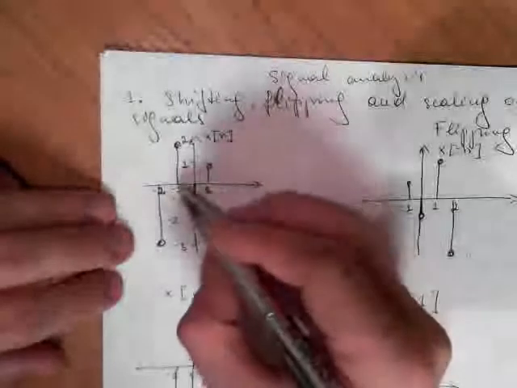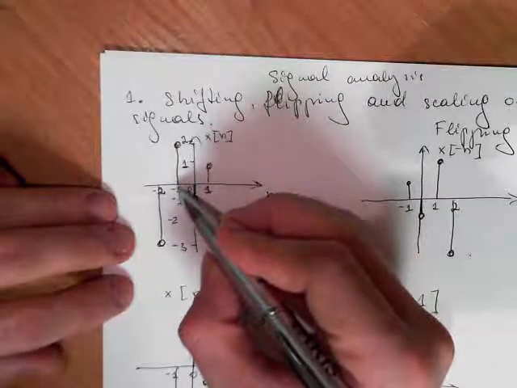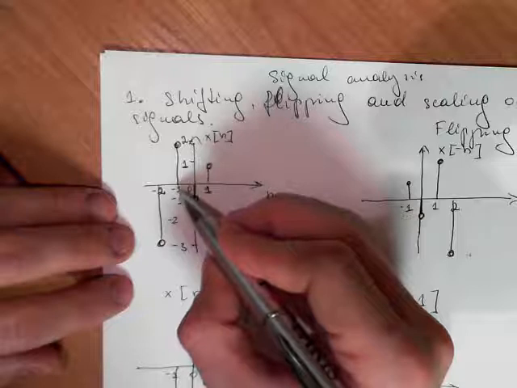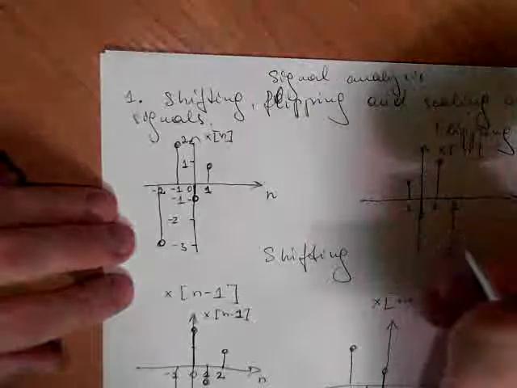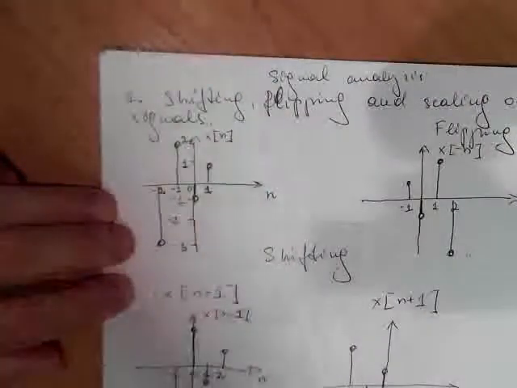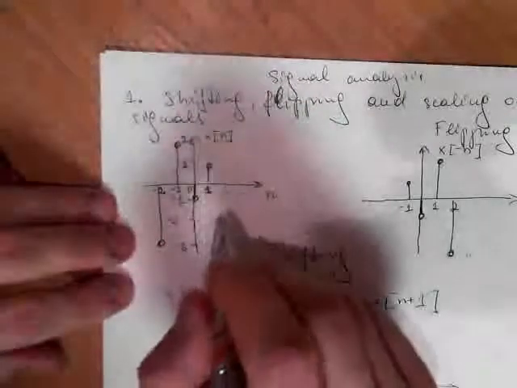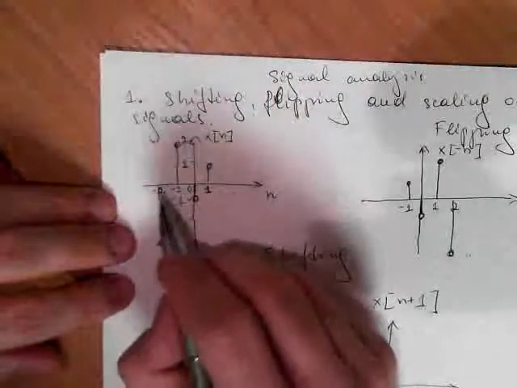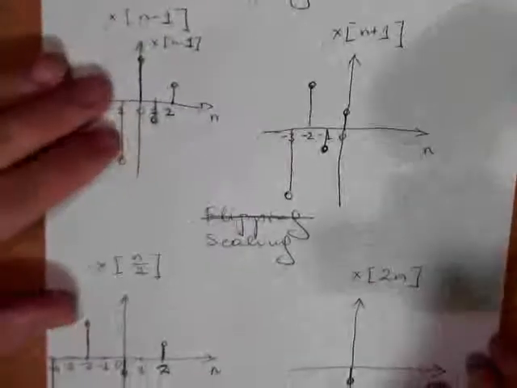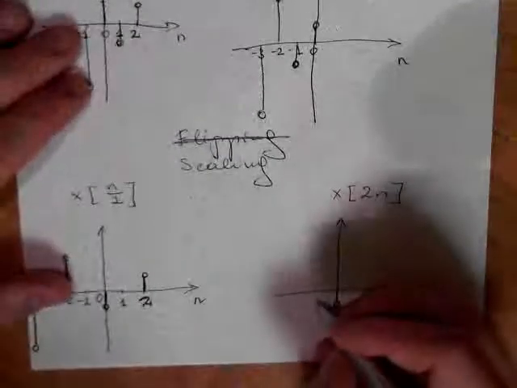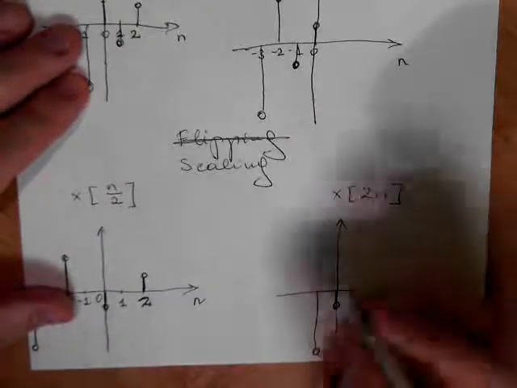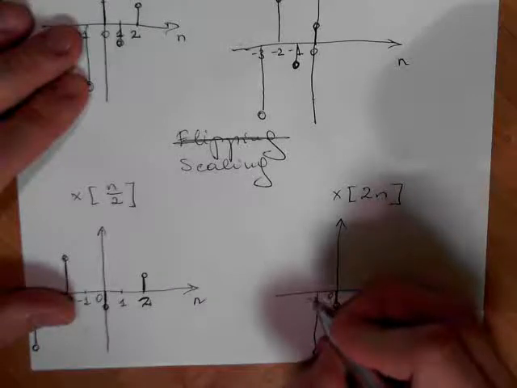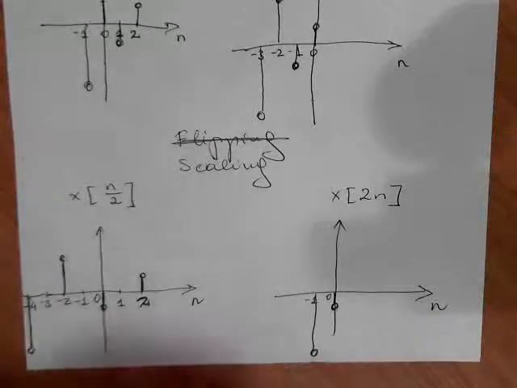What is on -1 should be -0.5, but we don't have values in discrete time with 0.5, 0.6 and similar. We have only integer values. And what is on -2 is on -1. So our signal is like this. This is 0, this is -1, and this is x 2n. So we have answered this question.